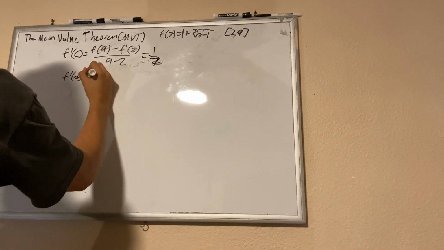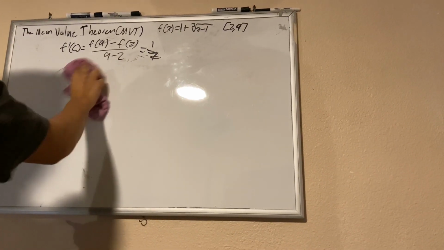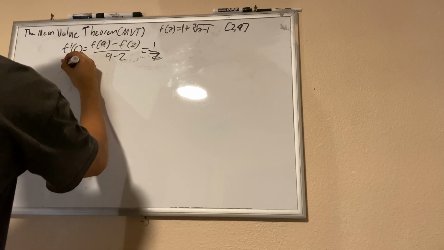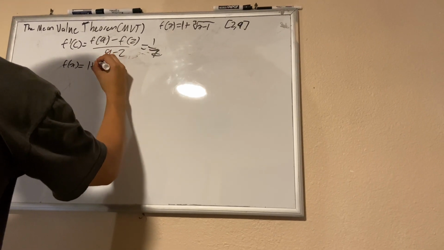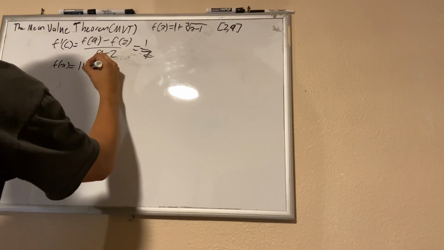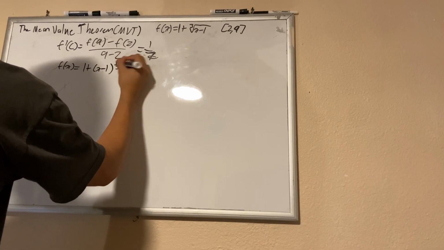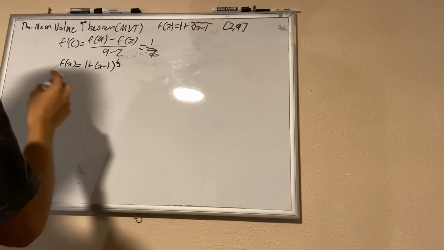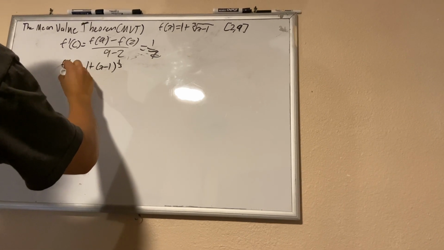And so when we find our f prime of x, actually, the first thing I have to do is rewrite our equation. So we get 1 plus, and so when we have the cubic root of x minus 1, this can be rewritten as x minus 1 to the power of 1 over 3. And so when we find the derivative of this one, we get that.